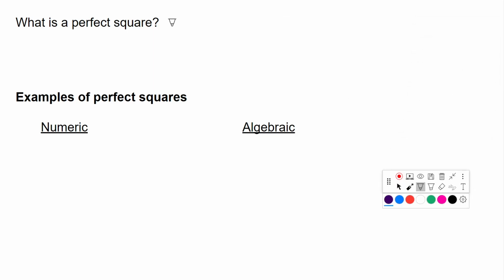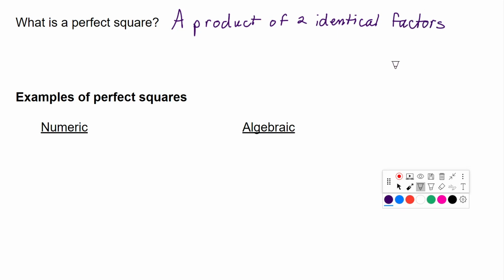A perfect square is a product of two identical factors. So product means you're going to multiply.